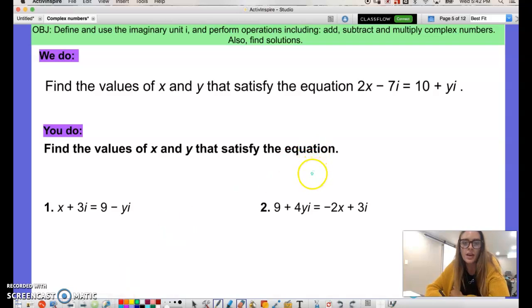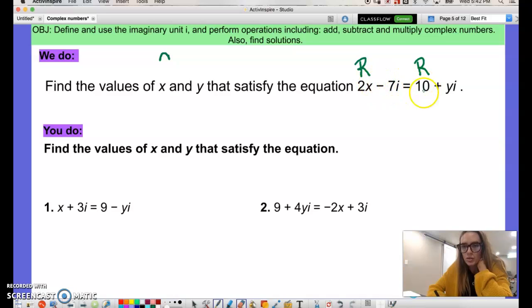Find the values of x and y that satisfy the equation. So I'm going to do this one, and then you guys will pause me and do the second one. We can solve for a real number with x, and this is a real number. A complex number in itself is just having a real number plus an imaginary number, and the imaginary number is always second.